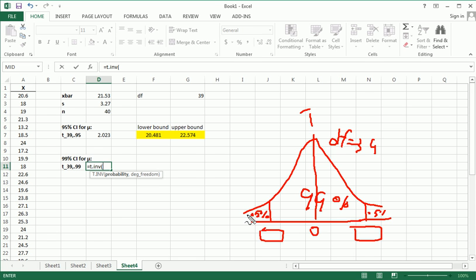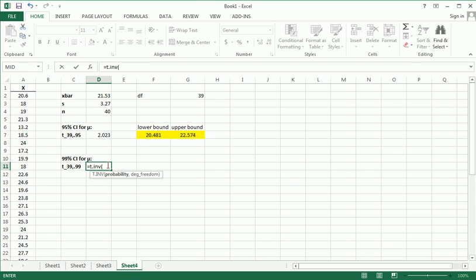So up to this point, so what do I mean by up to? From all the way from negative infinity up to this t critical value is 99.5. That's this plus this. So that's what I'm going to feed in to Excel. 0.995, comma, 39 degrees of freedom. That didn't change. Hit enter. Okay, that's our critical value.